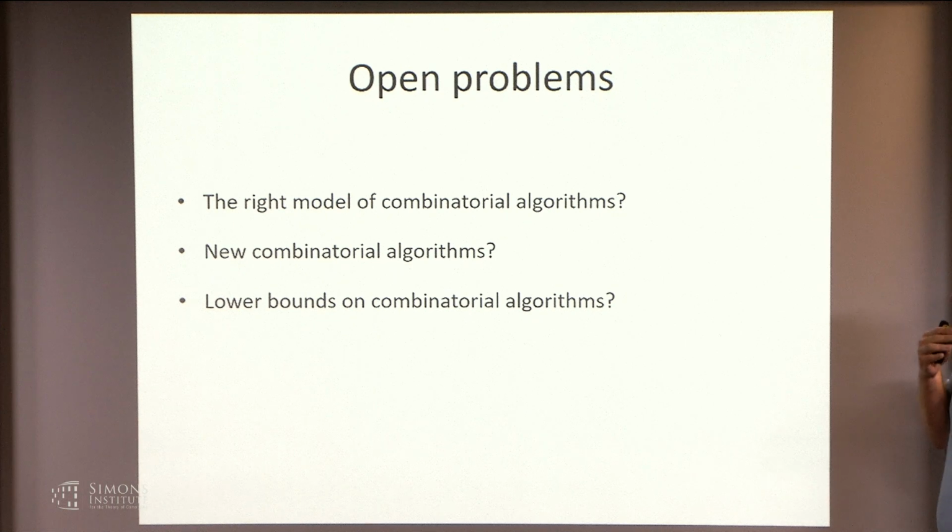So let me conclude. We have open problems, and the most interesting is what's the right model for combinatorial algorithms, or what would be the right proof system for these things.